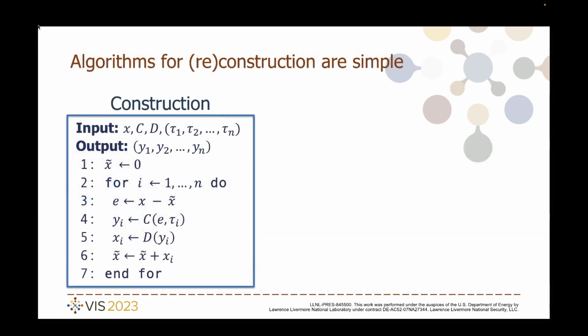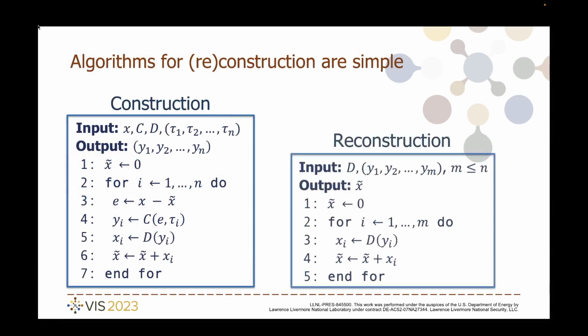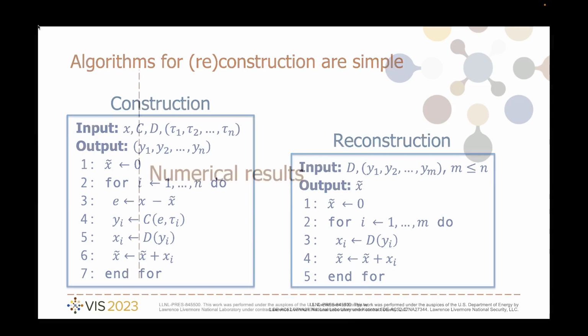Translating these steps into pseudocode, in the left box we show the algorithm for running the construction phase, while in the right box we show the pseudocode for running the reconstruction phase, where approximations are built. Note that both pseudocodes are short and non-intrusive with respect to the underlying compressor used. In addition, the second algorithm is only a subset of the steps of the first one.